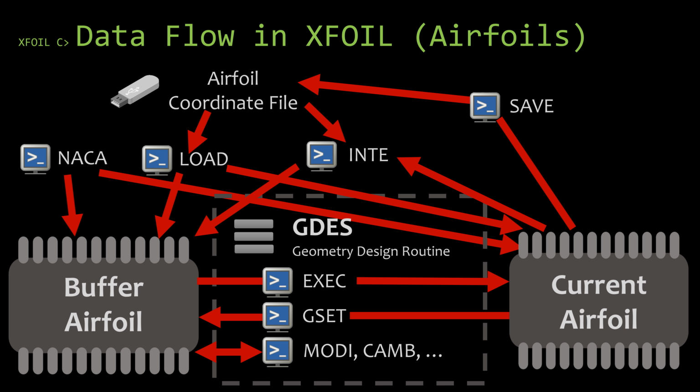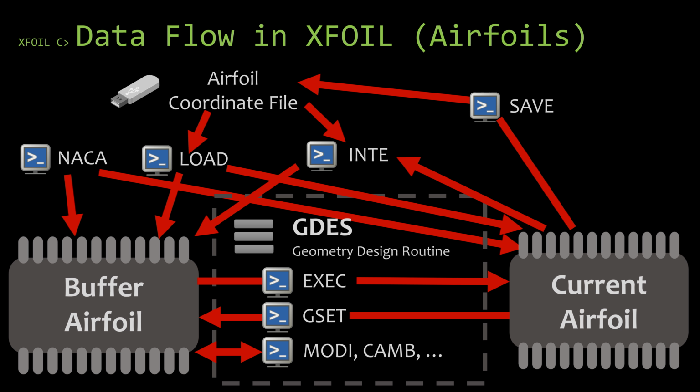That's the menu that has a lot of the commands for changing the geometry of the airfoil. It also has some of the commands for moving data back and forth between the buffer airfoil and the current airfoil, as well as the commands you need to modify the shape of the airfoil and the buffer airfoil.